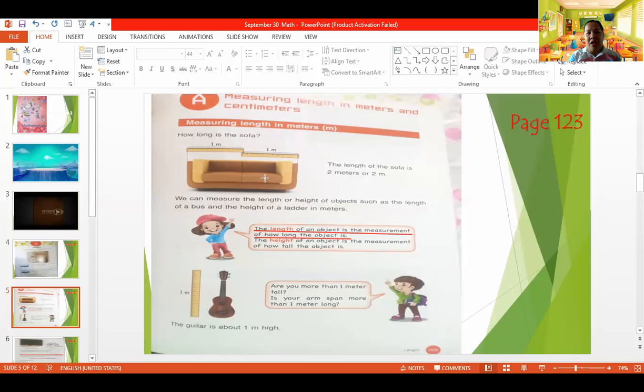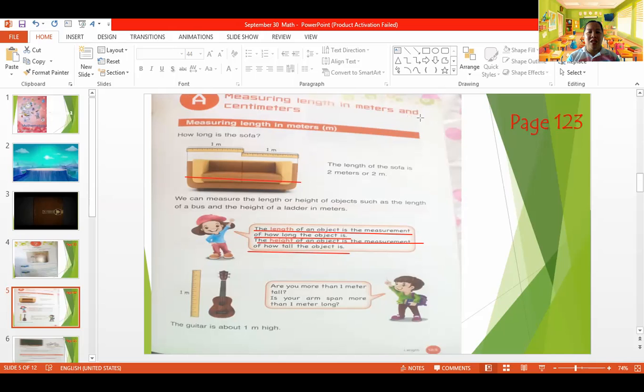This is the length of the chair, how long it is. And it's different from height. The height of an object is the measurement of how tall the object is. This is the difference of length and height. Length is how long. Height is how high or how tall the object is.